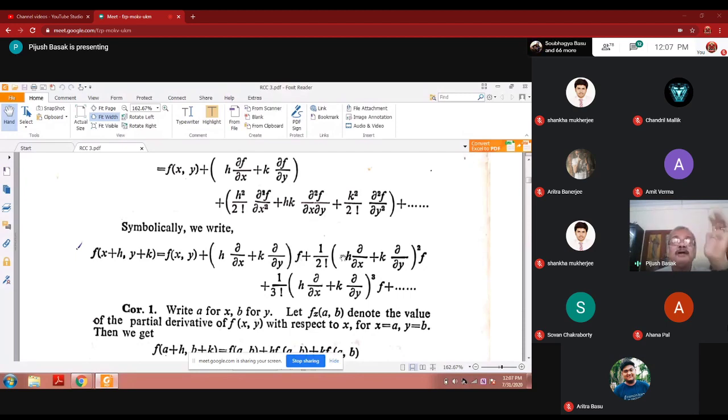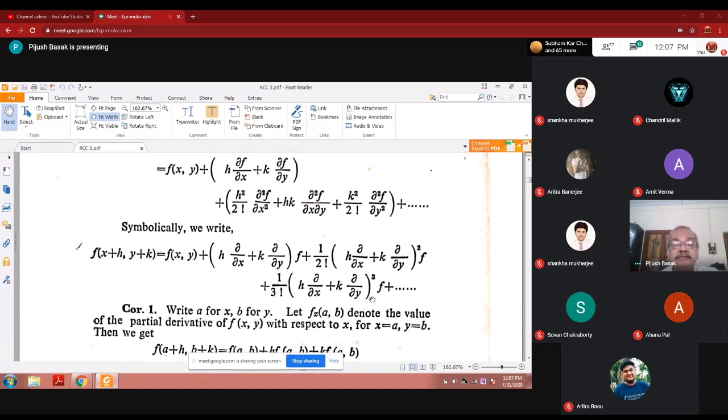We can keep it outside the sign. Then 1 by factorial 2 of h del x plus k del y, whole square, f, then 1 by factorial 3 of h del x plus k del y, cube, f. This is coming from here.